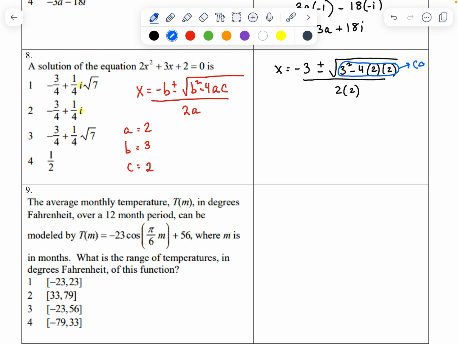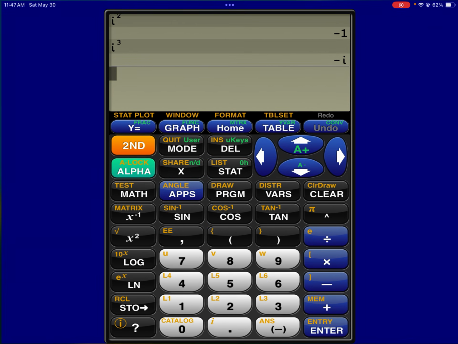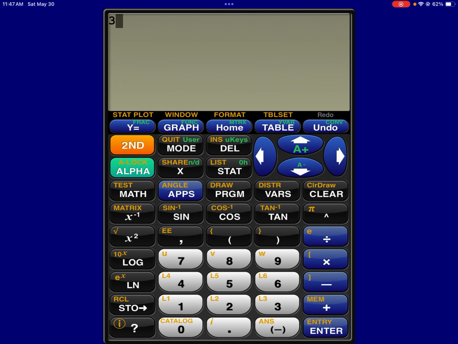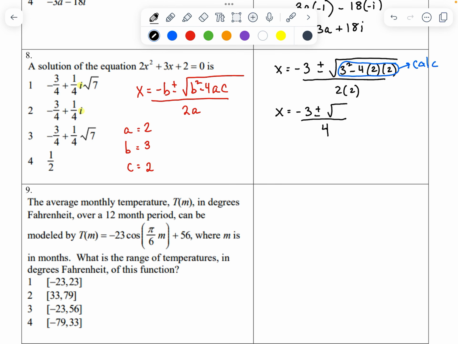You're only putting what's underneath the radical. Everything else is going to stay as is. Okay? So the only thing you're putting is 3 squared minus 4 times a times c. And there's that negative, which is the whole reason why I have an i.